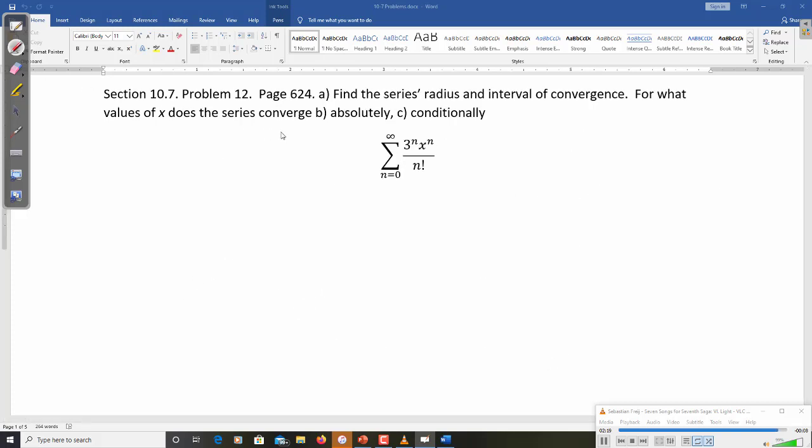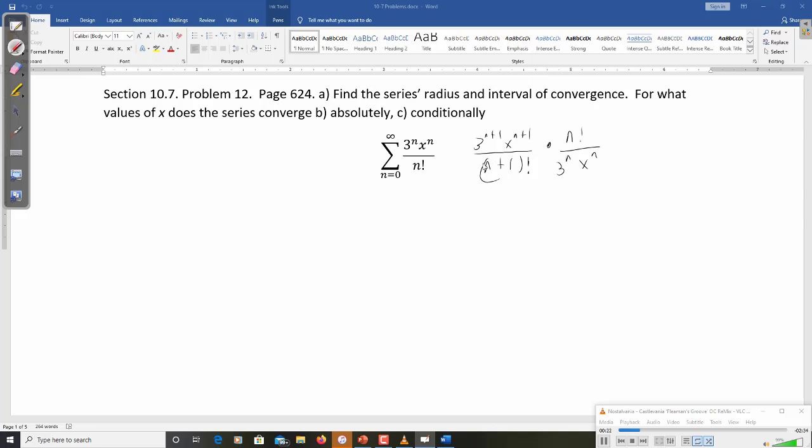Find the series radius and interval of convergence. Well, we do our ratio test, 3 to the n plus 1, x to the n plus 1, this is another one centered at 0, over n plus 1 factorial times n factorial over 3 to the n, x to the n.